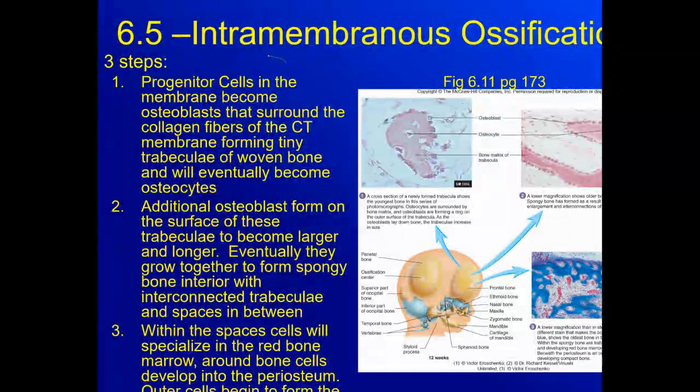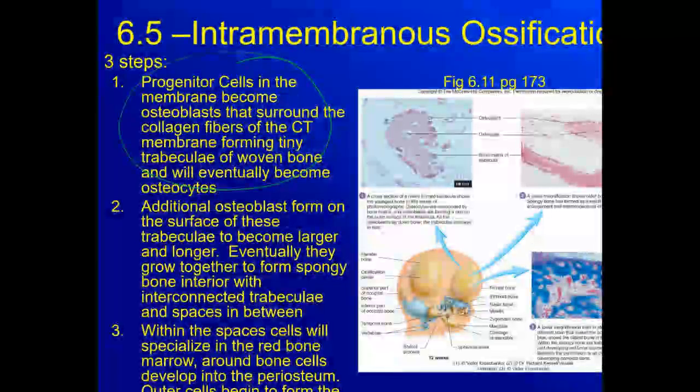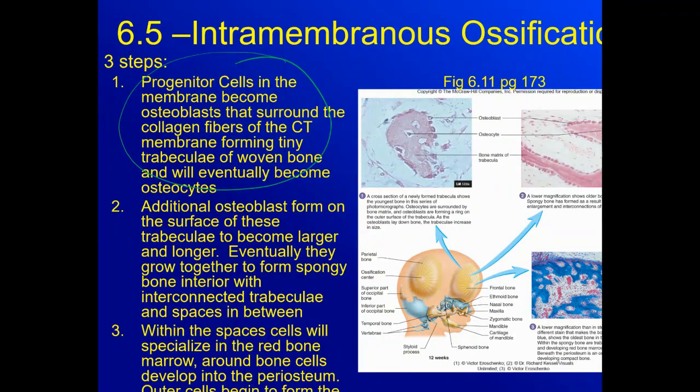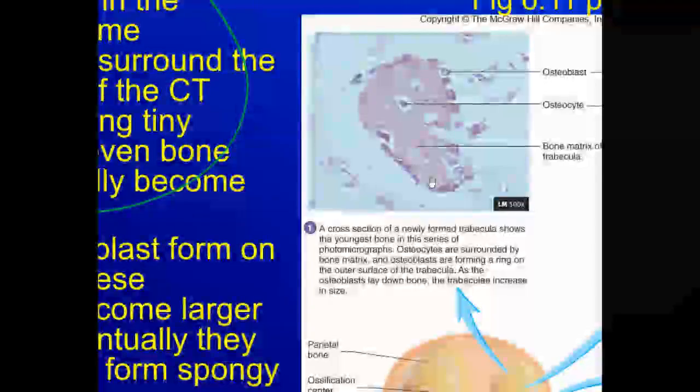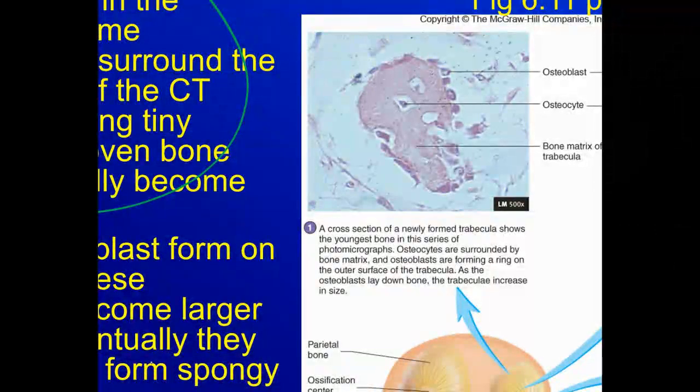So progenitor cells in the membrane, progenitor, the beginning cells, become osteoblasts, remember blast build, that surround collagen fibers of the connective tissue membrane, forming tiny trabeculae of woven bone that will eventually become osteocytes. So you've got these osteoblasts. Here's an osteocyte already surrounded, but I'm starting to make these little trabeculae in the center.